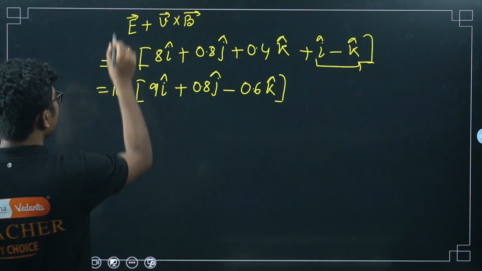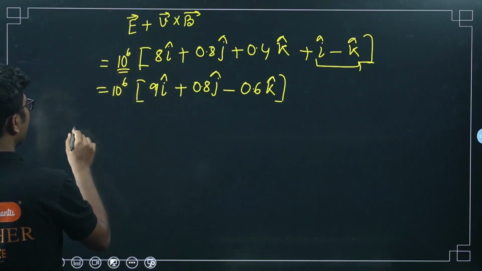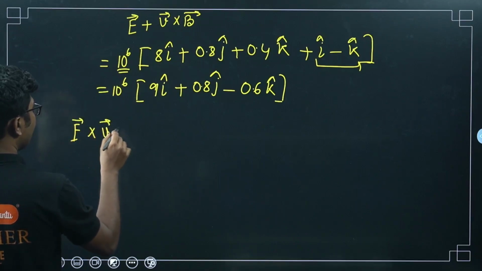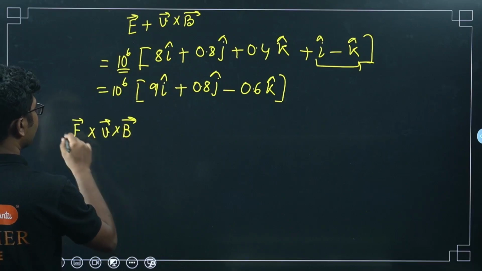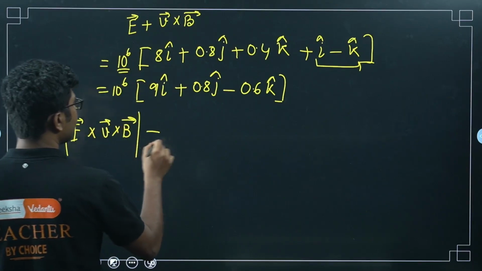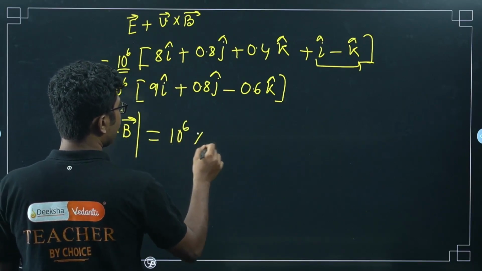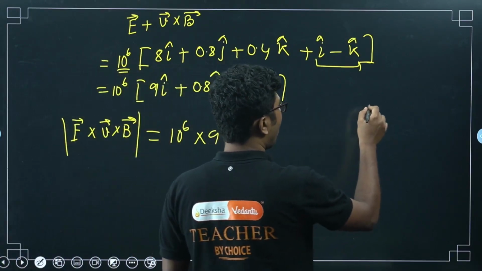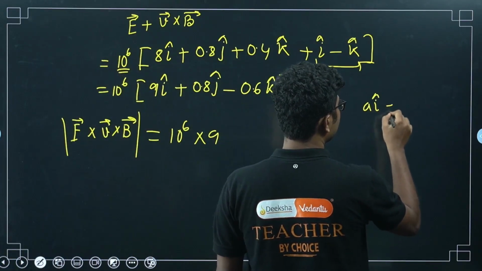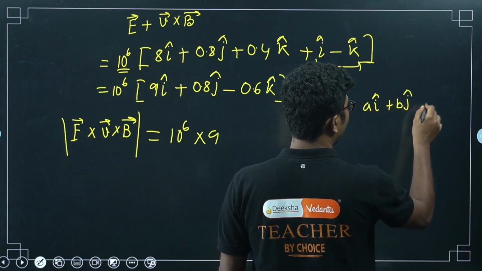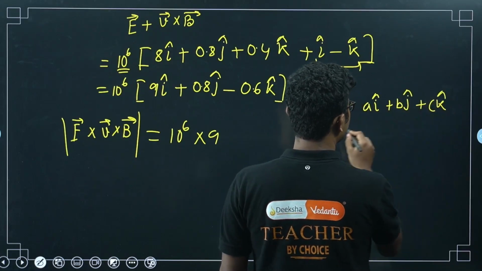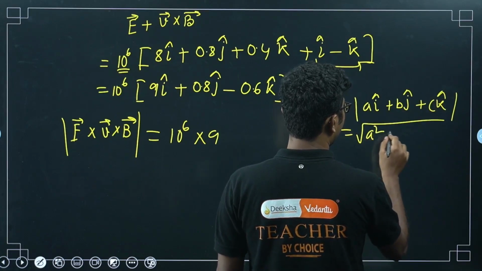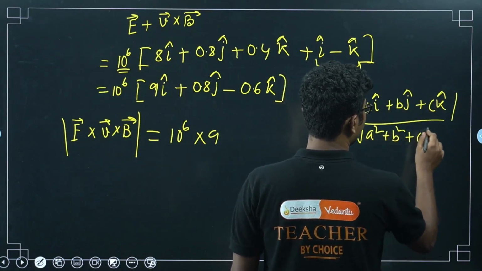Now what is the magnitude of this? The magnitude of this is where your approximation comes. Magnitude of this is 10 to the power of 6 times 9. Why? The magnitude of A i cap plus B j cap plus C k cap is given by square root of A square plus B square plus C square.